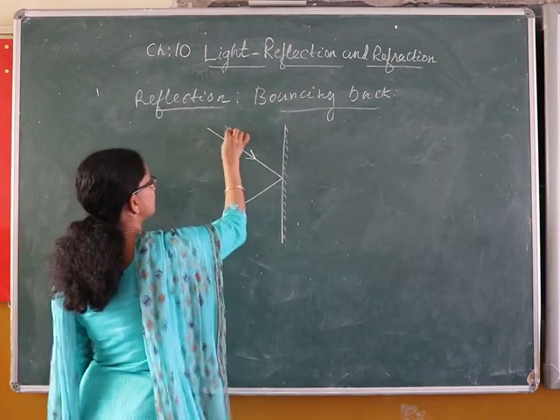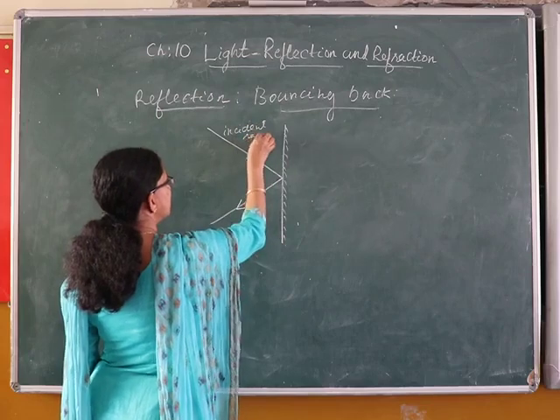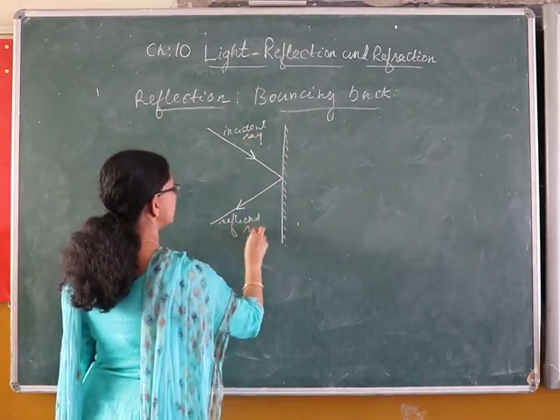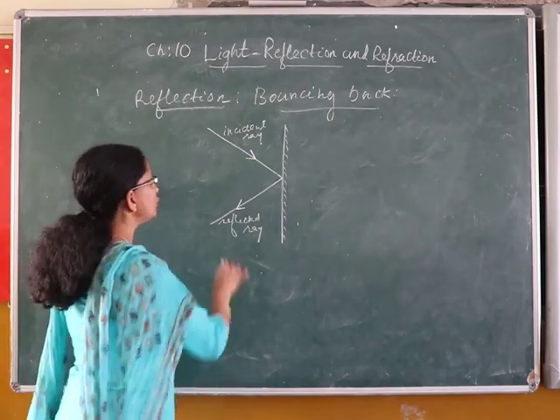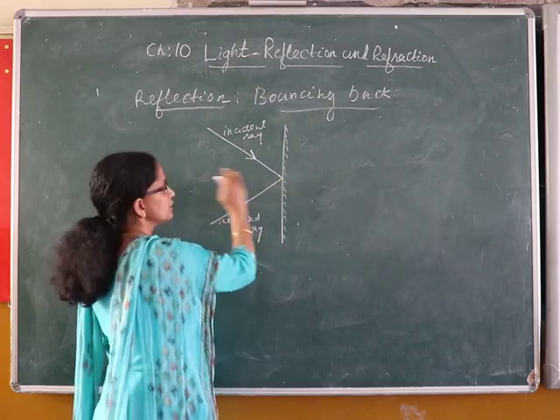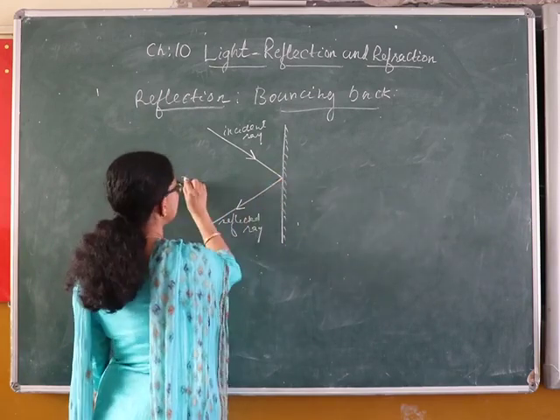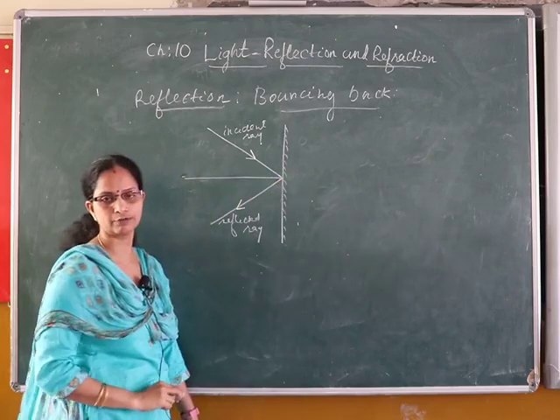So this is the incident ray and this is the reflected ray. If we draw a straight line perpendicular to the surface, that is known as the normal. This is the normal to the surface.